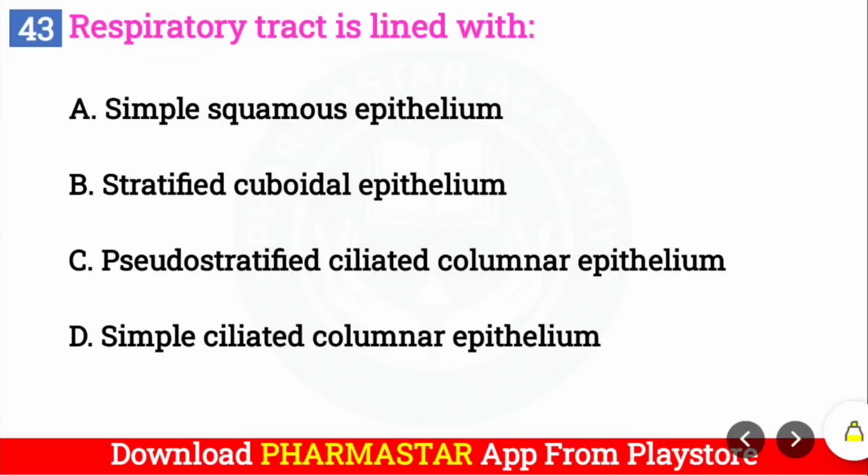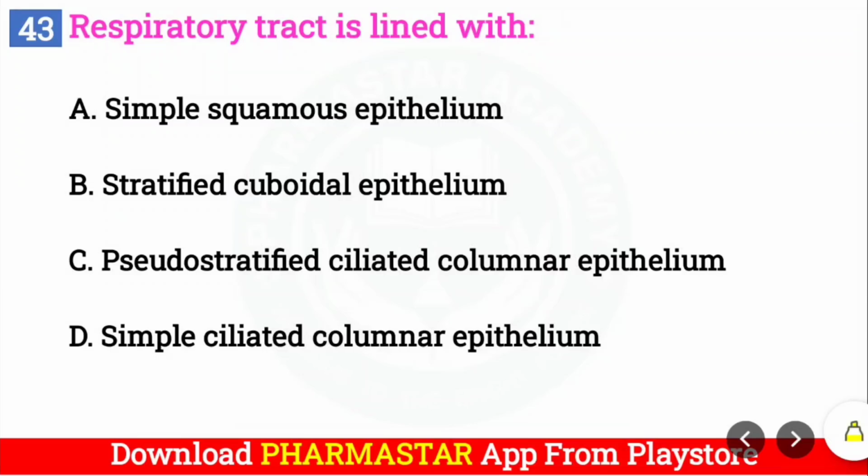B. Stratified cuboidal epithelium. This type of tissue is rare in the human body and is typically found in the ducts of sweat glands or mammary glands, not the respiratory tract. C. Pseudostratified ciliated columnar epithelium, often called respiratory epithelium.